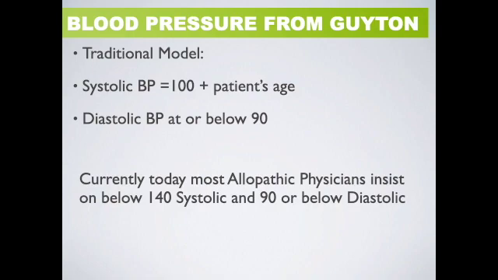This accounts for the tendency for patients' blood pressure to go up at a steady, slow rate as they get older. Currently today, though, most allopathic physicians insist that systolic should be below 140 and diastolic should be below 90 regardless of age.